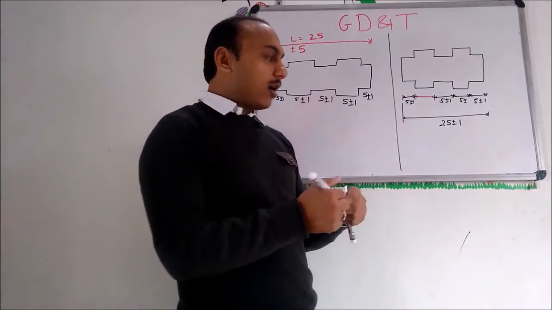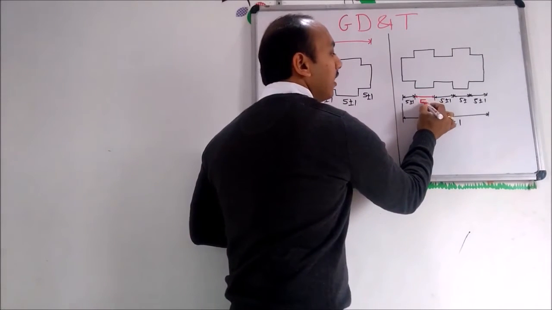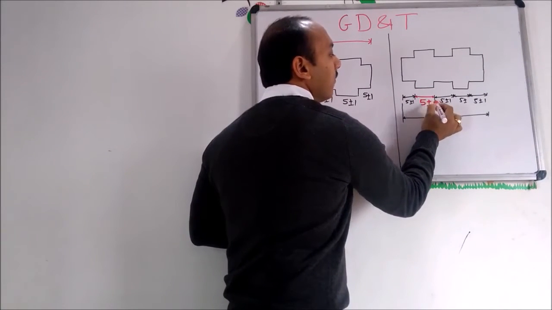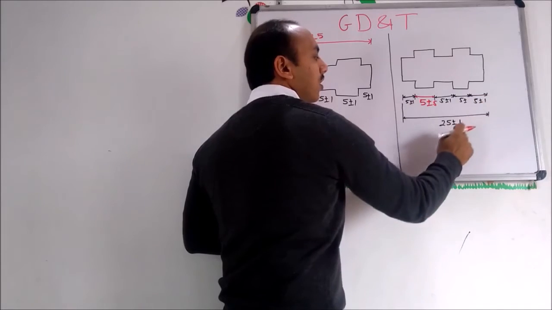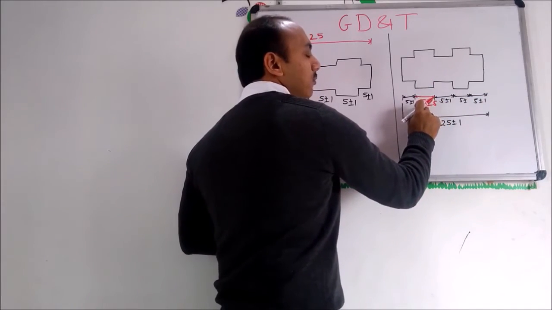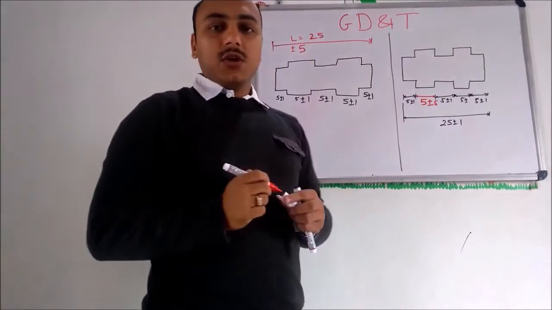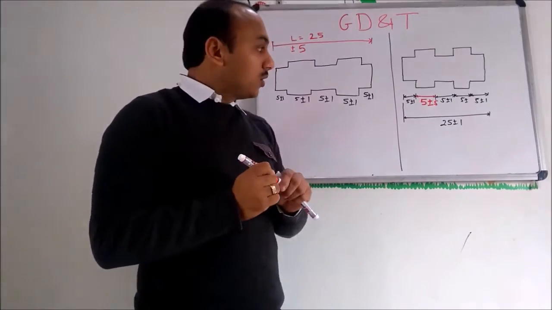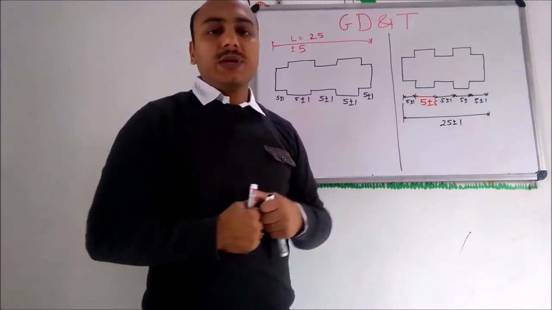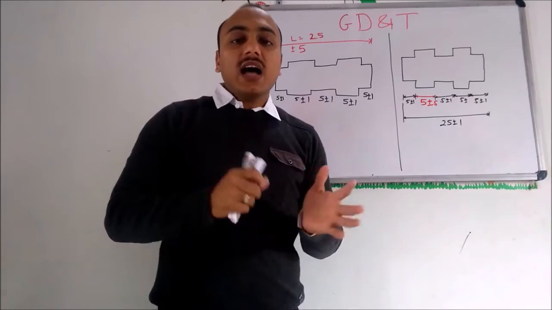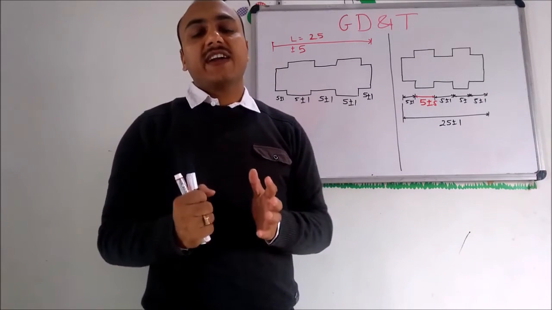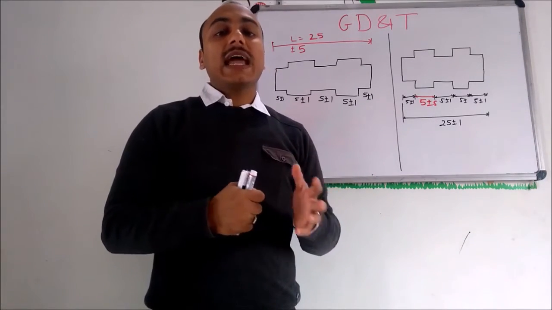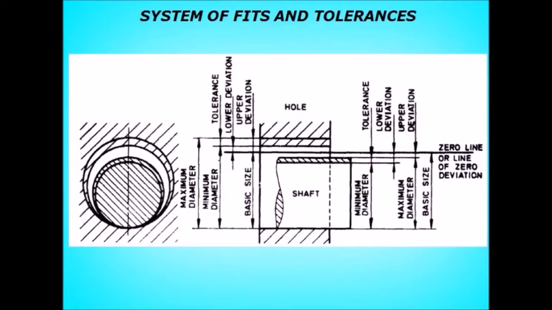That will be around 5 plus or minus 5. If I dump all the tolerances on this feature, this will be 5 plus or minus 5. So in the worst case scenario, this feature thickness would be 0. So that is how geometric dimensioning affects geometric tolerancing and tolerancing both.